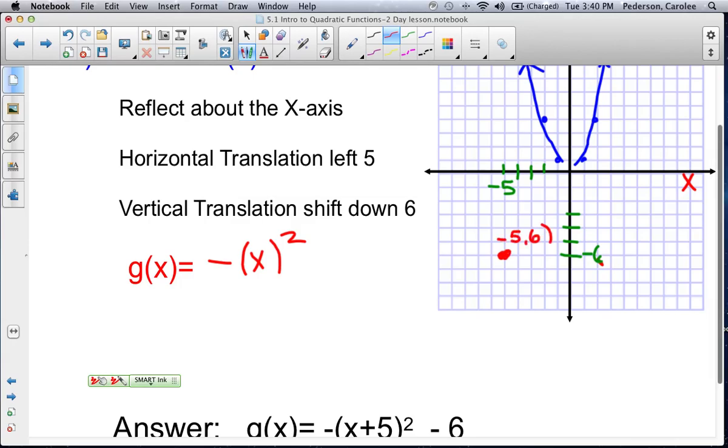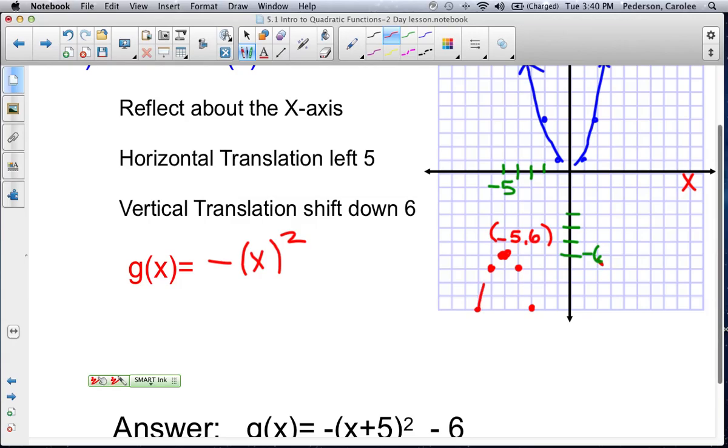And remember, our graph is reflected about the x-axis, so it's pointing down. So our shape has not changed. So we still are right 1, down 1, left 1, down 1. And then as we move to the right, we're going to go 4 units and 4 units.